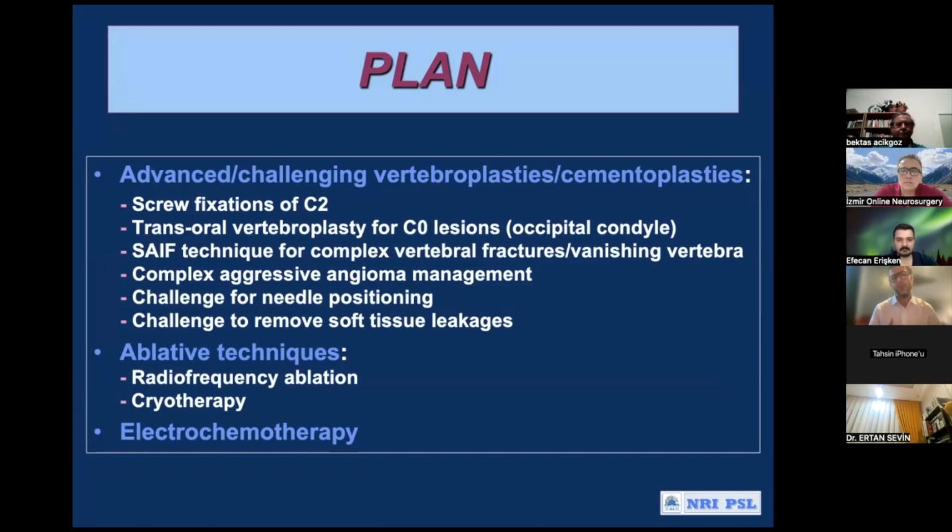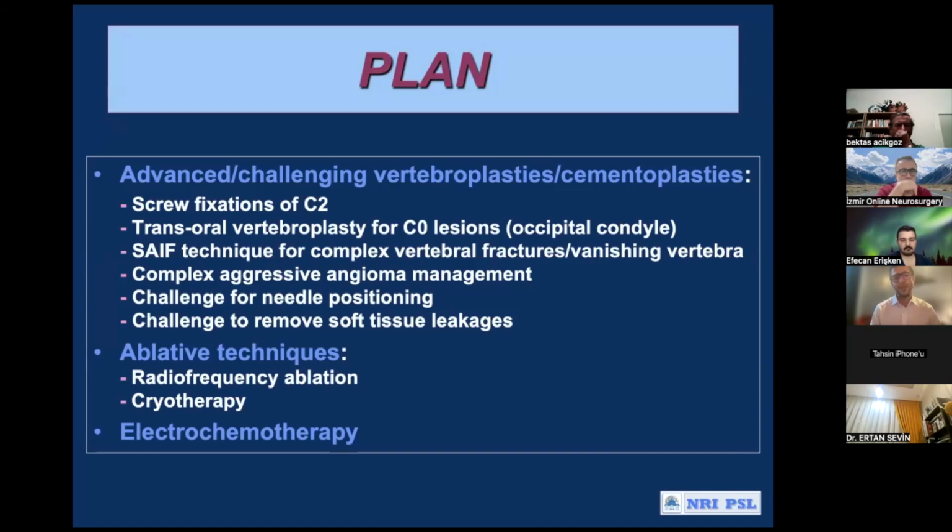We will speak about the complex management of aggressive hemangioma, and I will focus just on challenges: how to overcome the challenges for the needle positioning and how to remove soft tissue leakage when we have a leakage of cement around the bone lesion.